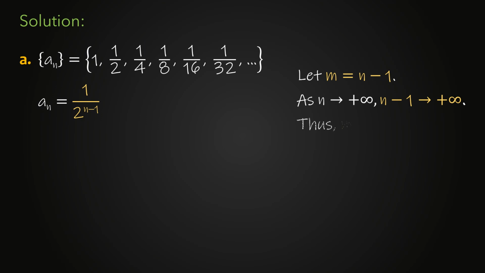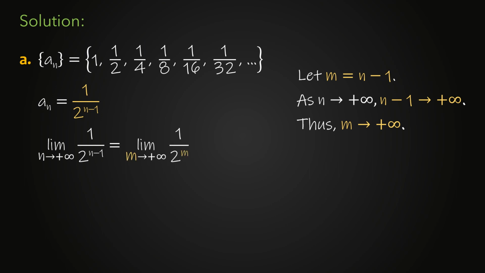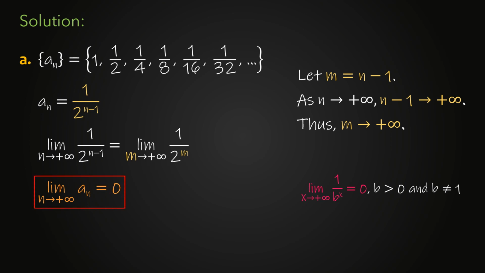Thus m approaches positive infinity as well. Use a limit at infinity expression of an exponential function. Therefore, the limit of the sequence is equal to 0. In other words, the sequence converges to 0.